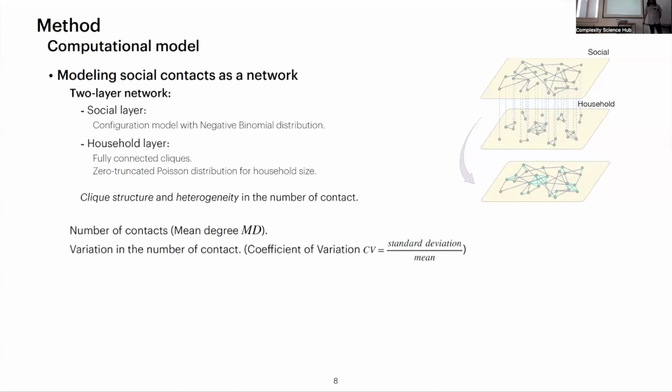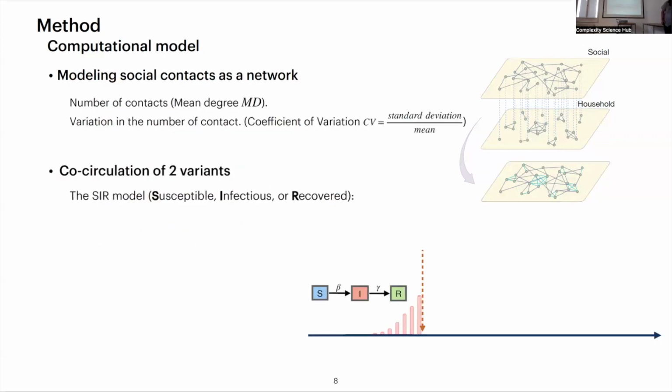Then we use a SIR model, the susceptible, infectious, recovered model, to simulate the spreading of a single disease. Initially we let the resident variant spread through the network.